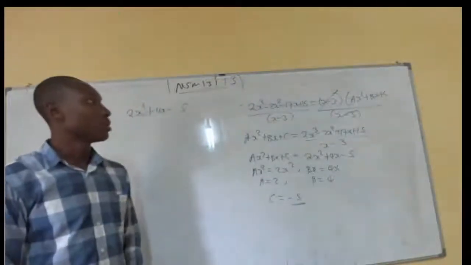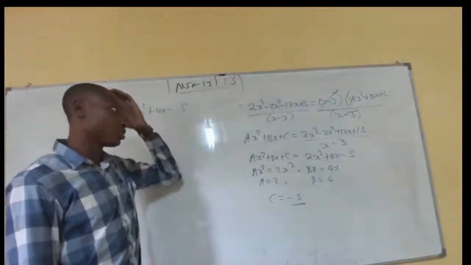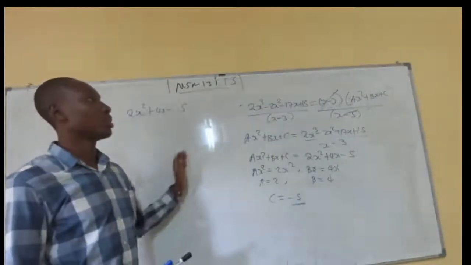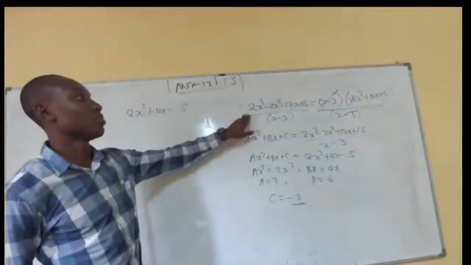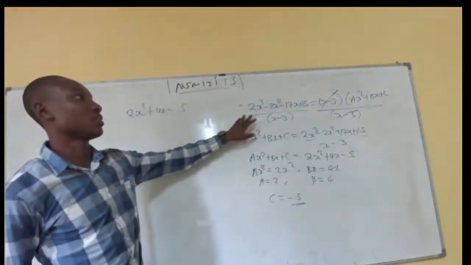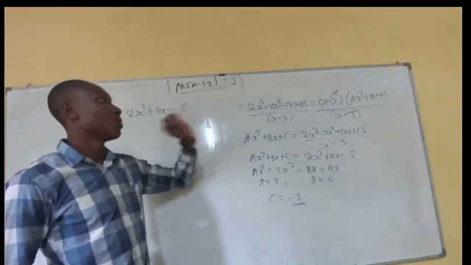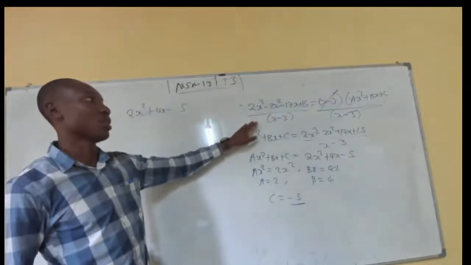So as a summary, we said the first thing we needed to show. In showing, I used the long division. If we wanted, we would have used synthetic. Using the long division method, we noticed that 2x cubed minus 2x squared minus 17x plus 15 is equal to that. Then from there, we had to divide both sides by x minus 3.